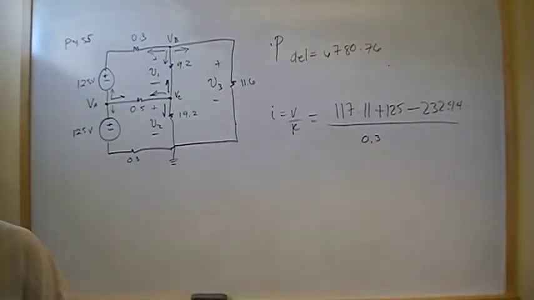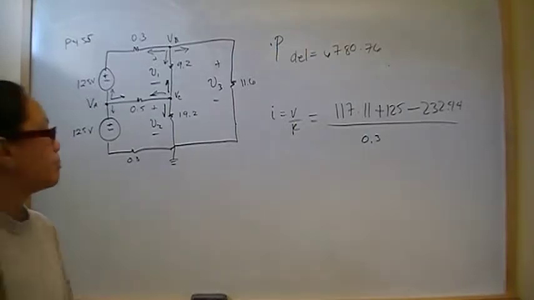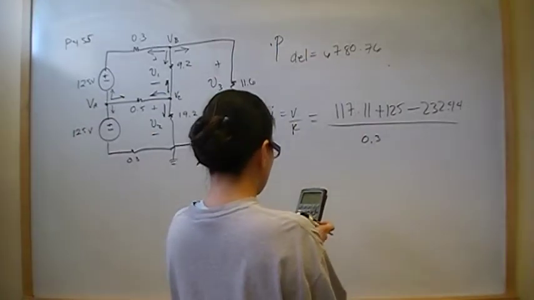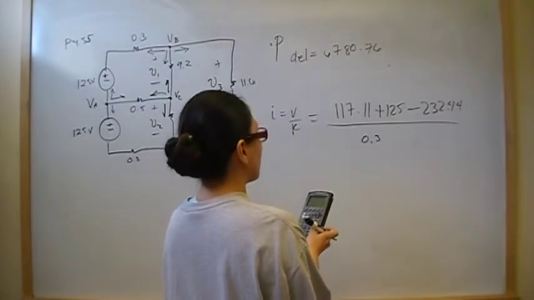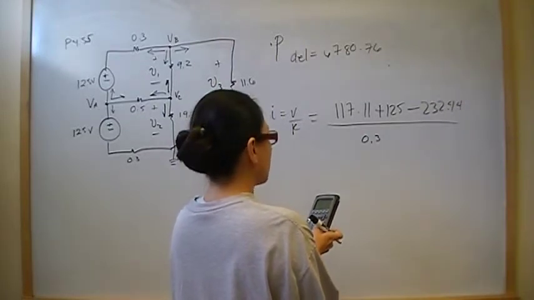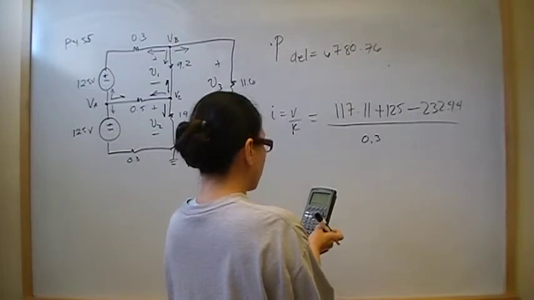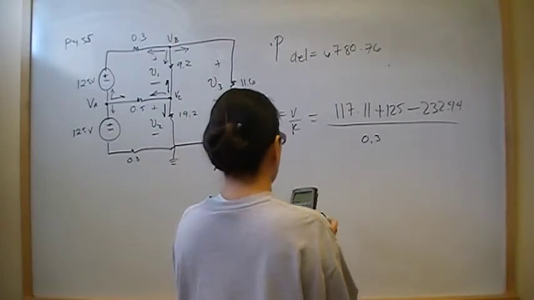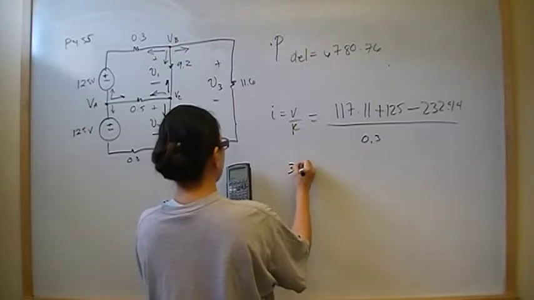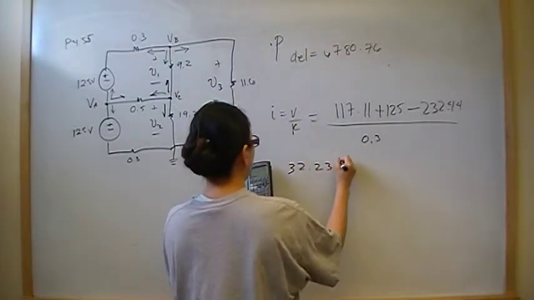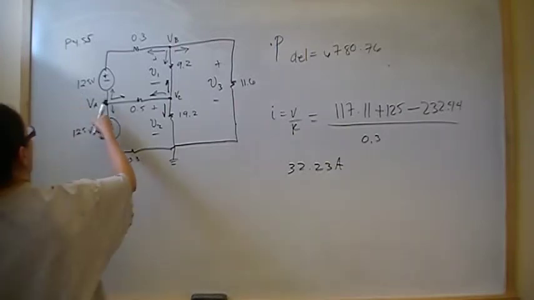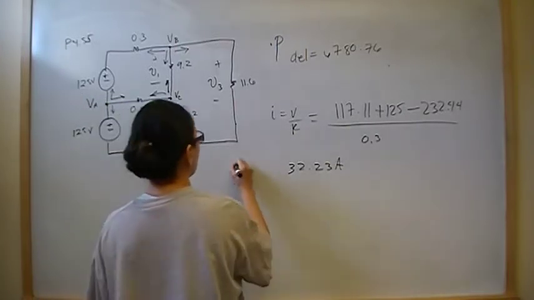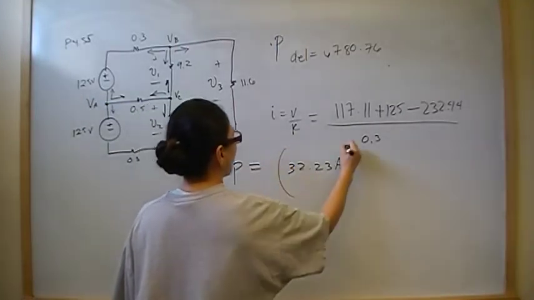So we got 117.11 plus 125 minus 232.44. Divide that by 0.3. And so that's going to be 32.23 amps going through that voltage source. Now the current enters the negative terminal, so power is VI, right?